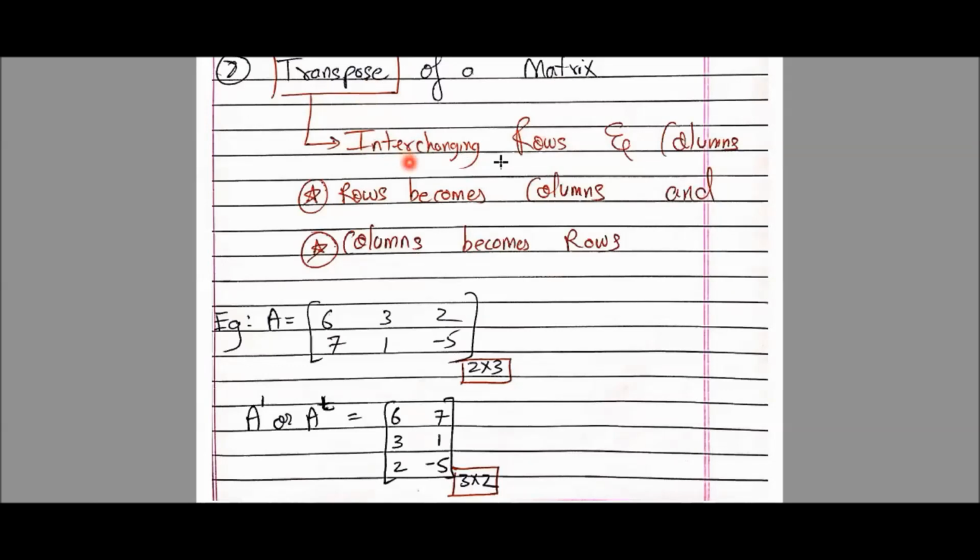Transpose means interchanging whom? Rows and columns. If we interchange rows and columns, we get the transpose of a matrix. So what does it mean? Rows become columns, columns become rows. That's it. It's very self-explanatory. Let's take an example down.